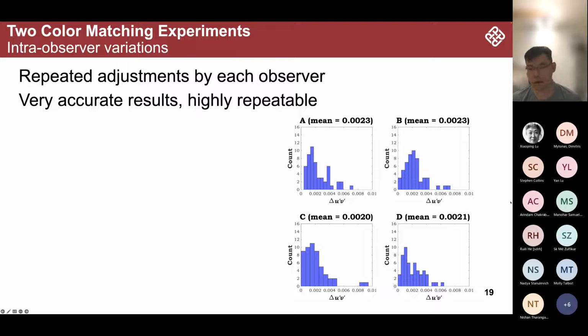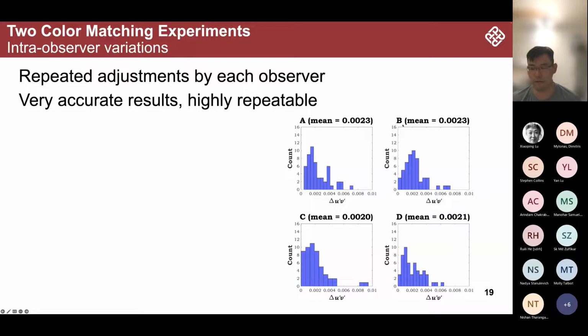These 4 figures show such a result. When using display A as a test, on average across the 50 observers, the delta u'v' between the 2 repeated adjustments was 0.0023 units, which is half of the just noticeable color difference.